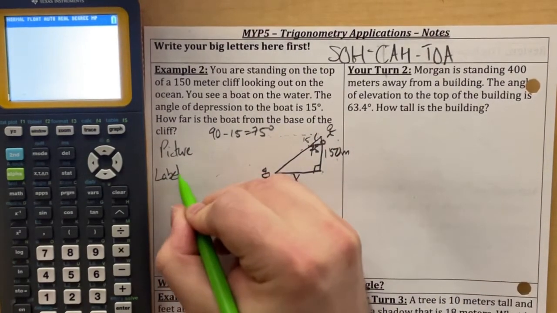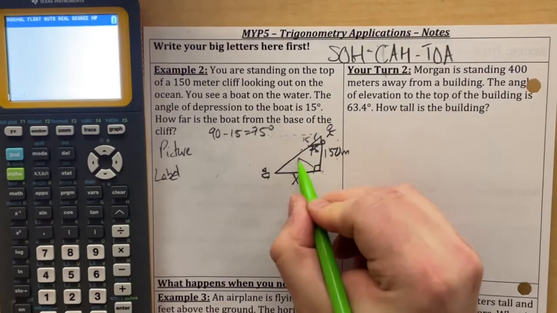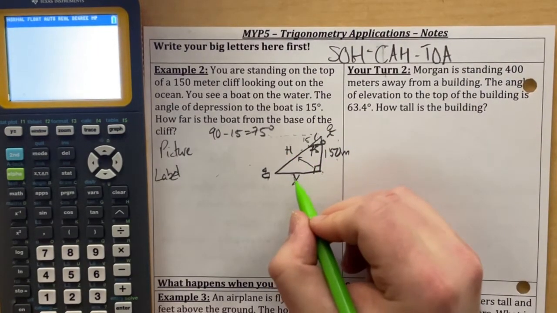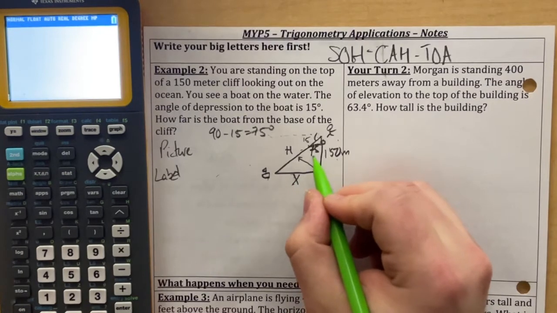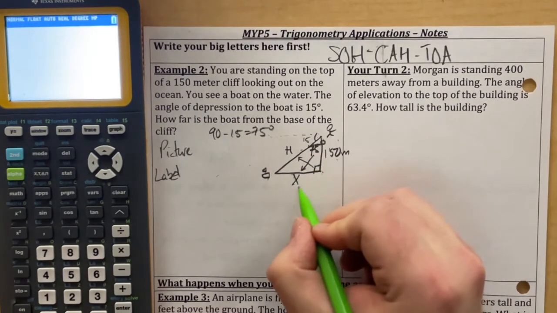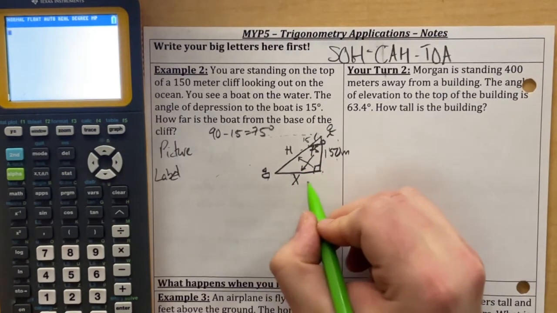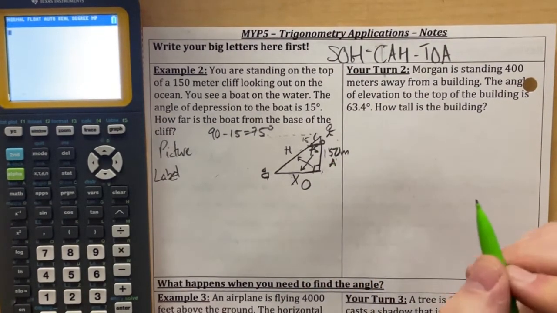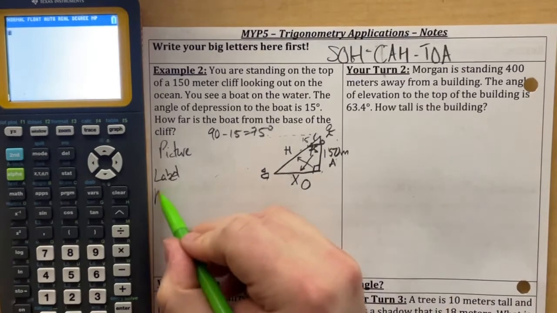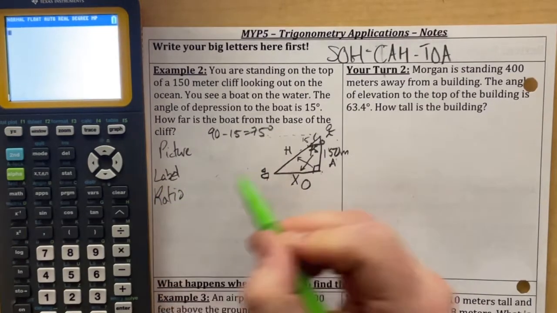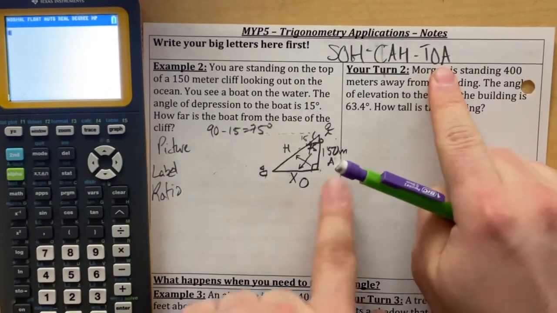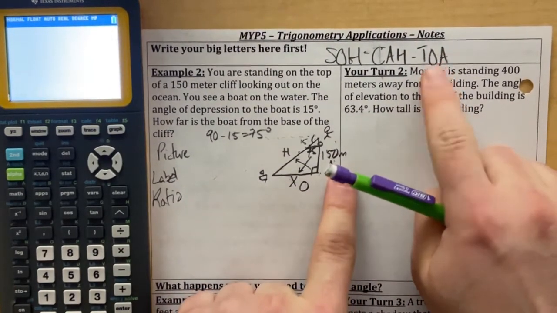The side opposite of my angle theta is going to be my side opposite, which is O, and then that means that this 150 is going to be A. So then for my ratio, looking at these letters, I know that I have O and A, so I'm going to use tangent.